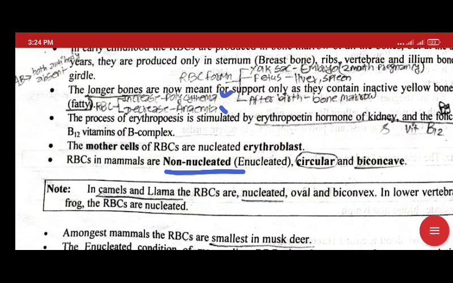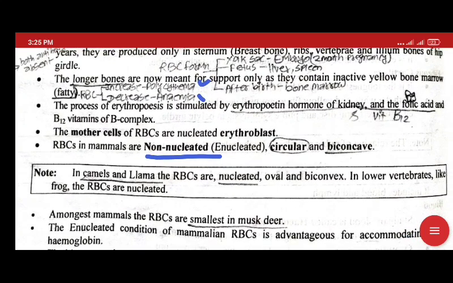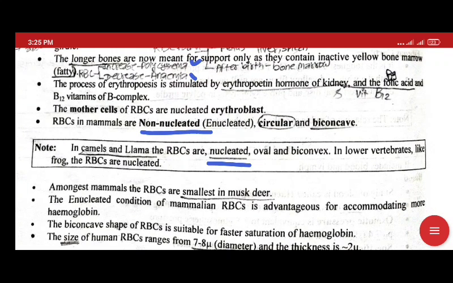It has more surface area for holding more iron. Also, as an exception, in camel and lemurs the RBC is nucleated, though they are also mammals; it is nucleated, oval and biconvex.